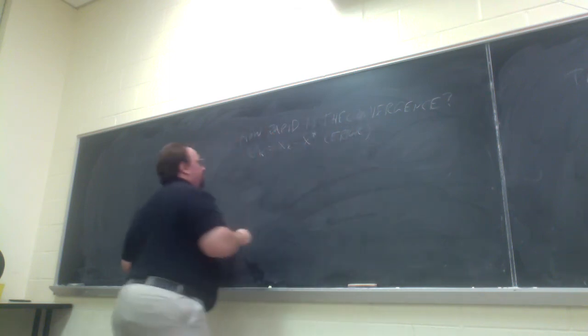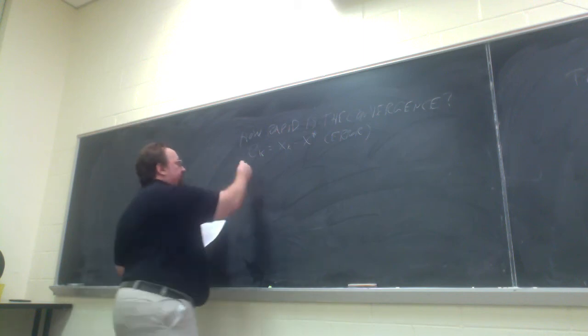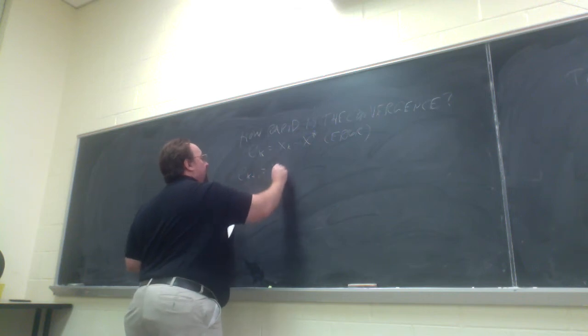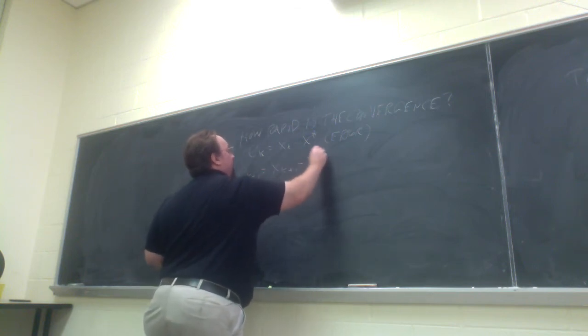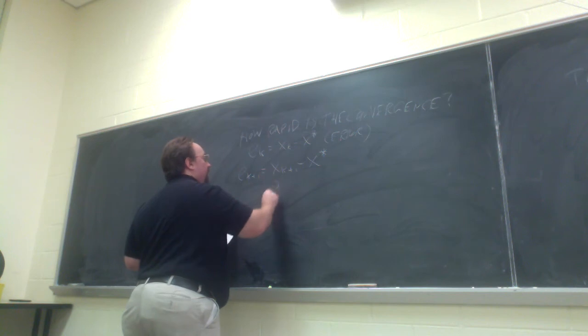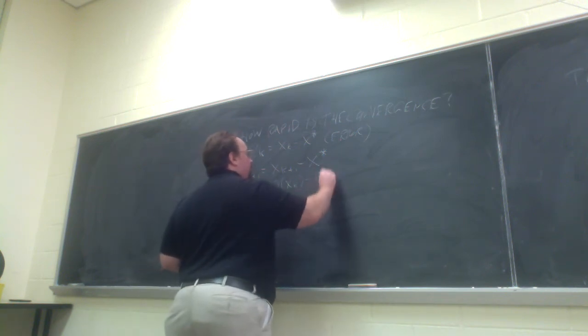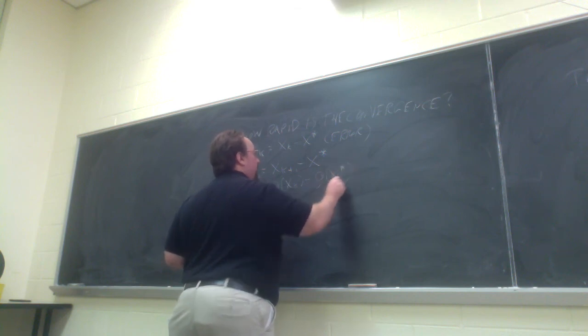Now we did this expansion before for the mean value theorem, but now we're going to take it a little bit further using Taylor's theorem. So e k plus 1 is x k plus 1 minus x star, but x k plus 1 is g of x k, and x star is g of x star because it is a fixed point.